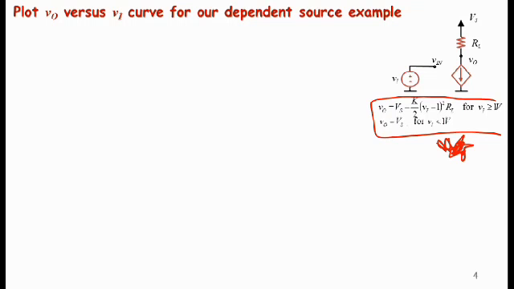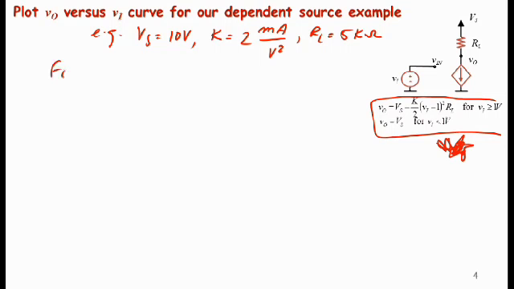Let's plug in some numbers. Let me choose Vs equals 10 volts. Let me pick K to be 2 milliamps per volt squared, and let me pick RL equals 5 kilo ohms. So let me solve this for these values.